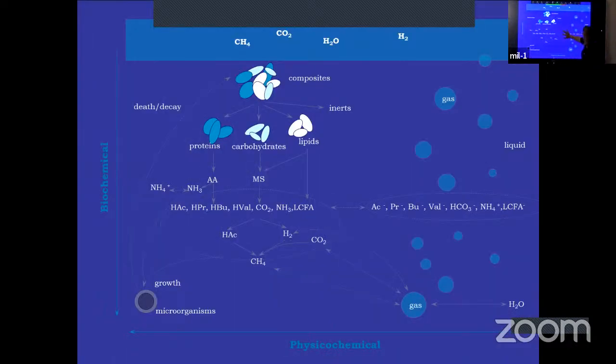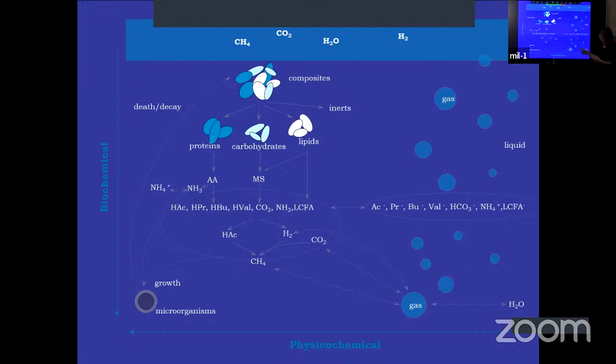I have already presented the biological mechanism, but in addition, you have some transfer from the liquid to the gas, because the gas is produced in the liquid, and then you will have the transfer into the gas phase.